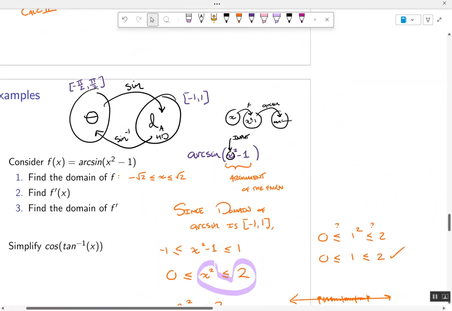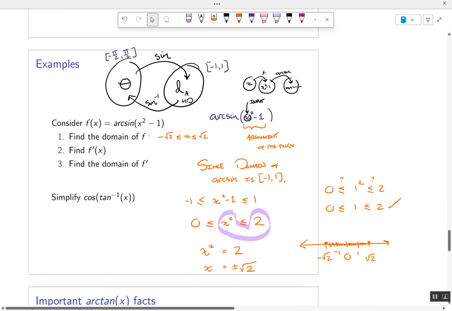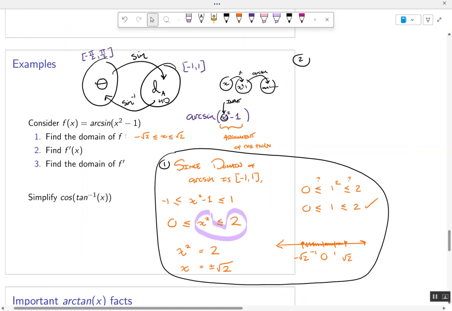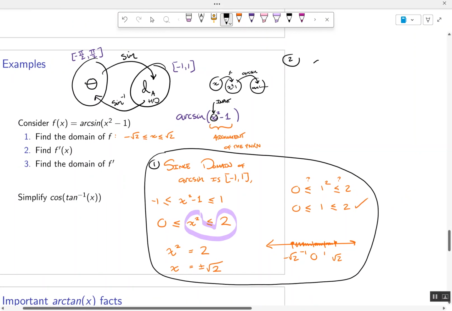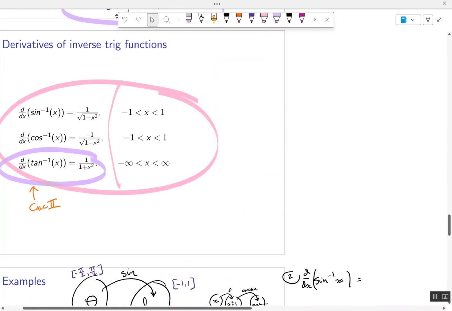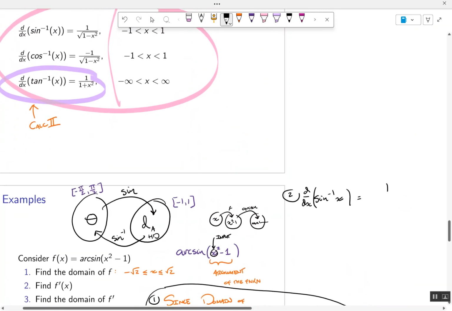Now we want the derivative. So that was number 1. Let's maybe partition that off. Let's look at problem 2, the derivative. So the derivative of sine inverse is 1 over the square root of 1 minus x squared.